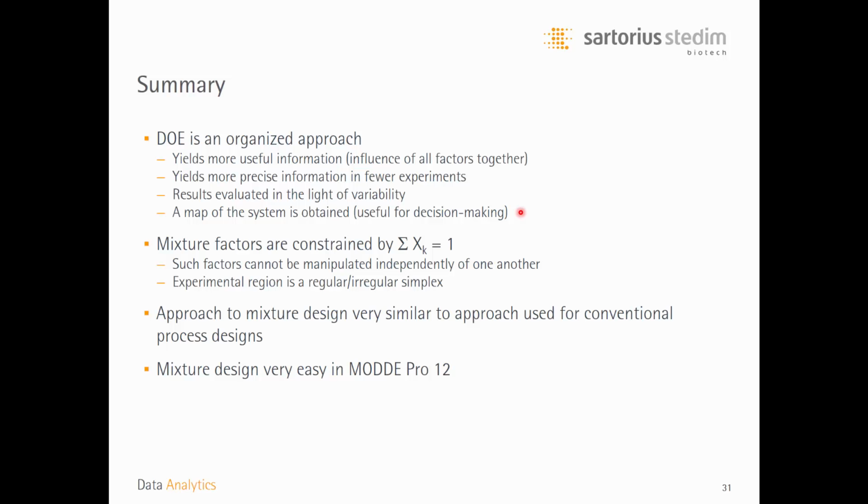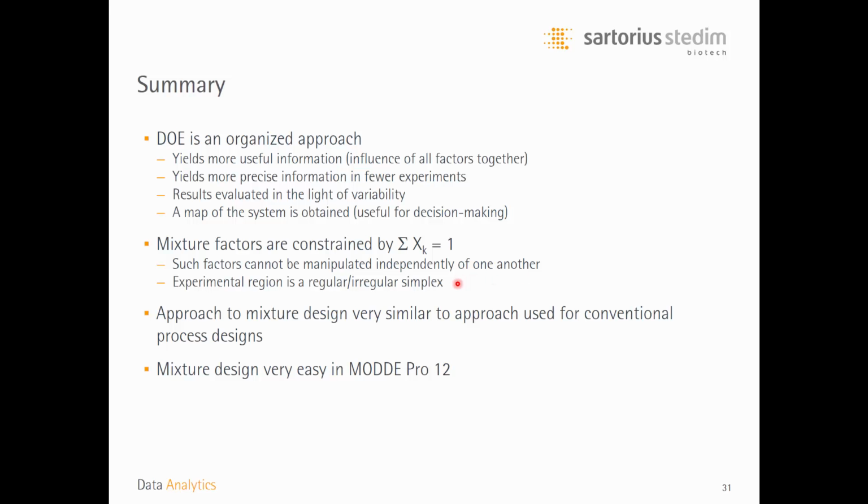Regarding specifically mixture design, the characteristic feature is that all ingredients sum up to 100%. That means that all formulation factors cannot be manipulated freely of one another. And therefore there is also a change to the shape of the experimental region.